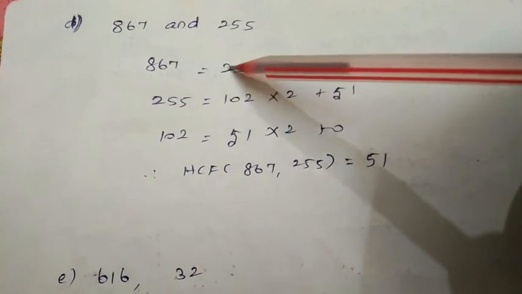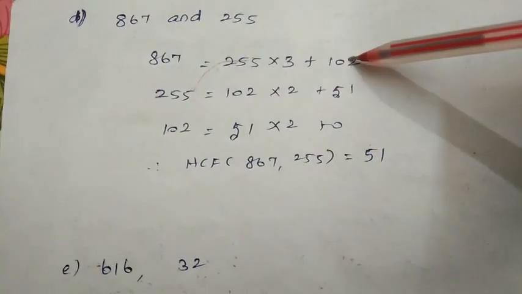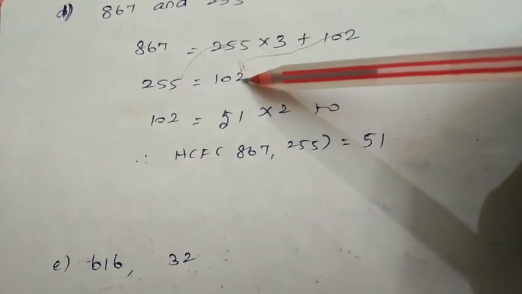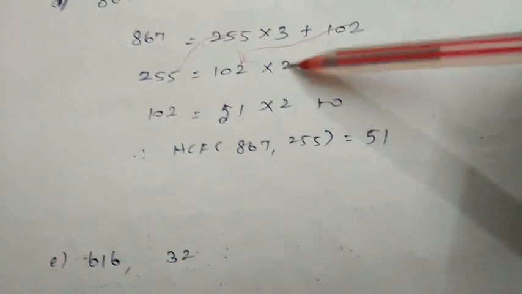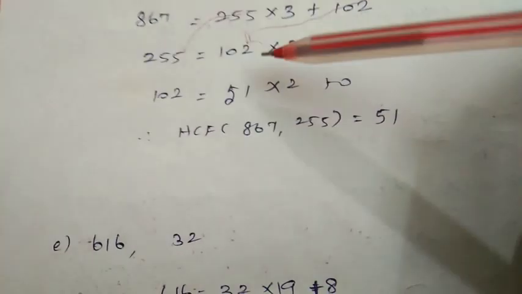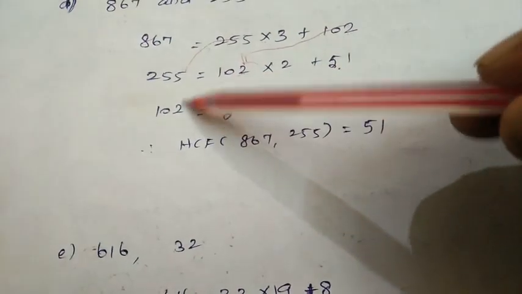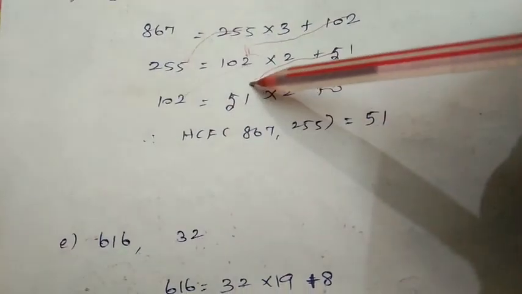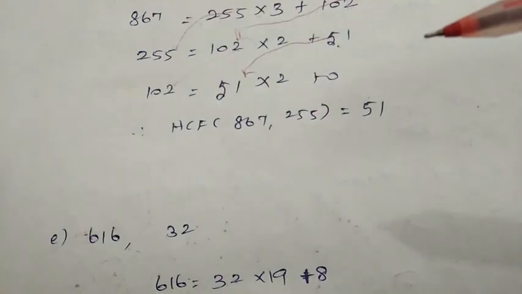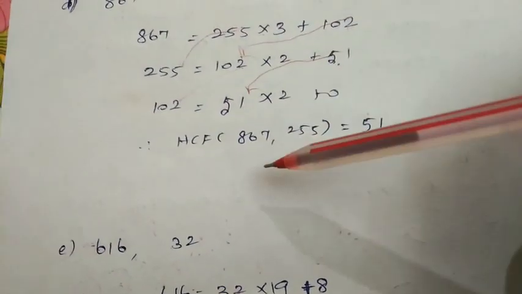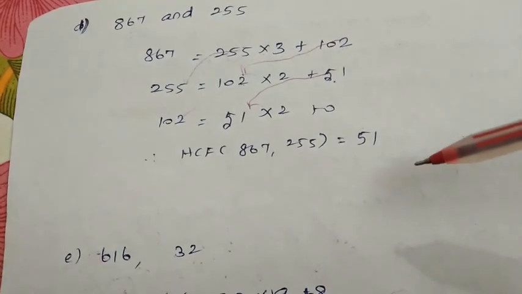Now write this 255 here and use this 102 here. How many 102s into 255? 2, so 2 plus remainder 51. Now once again write this 102 here and 51 here. So 51 into 2, the remainder is definitely 0. So now the HCF of 867 comma 255 equals 51.